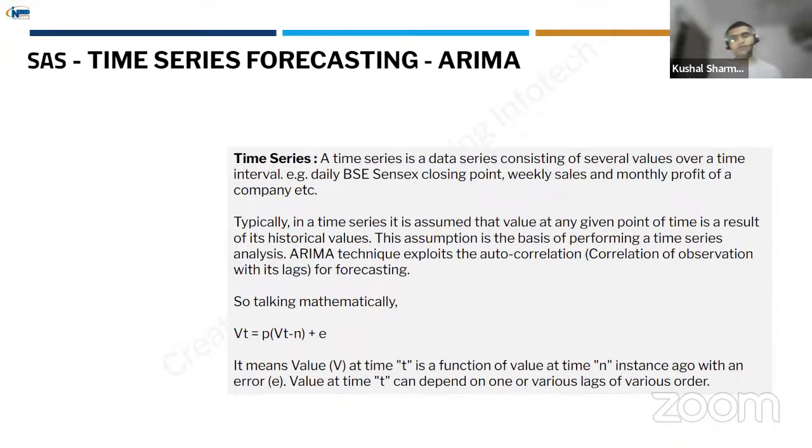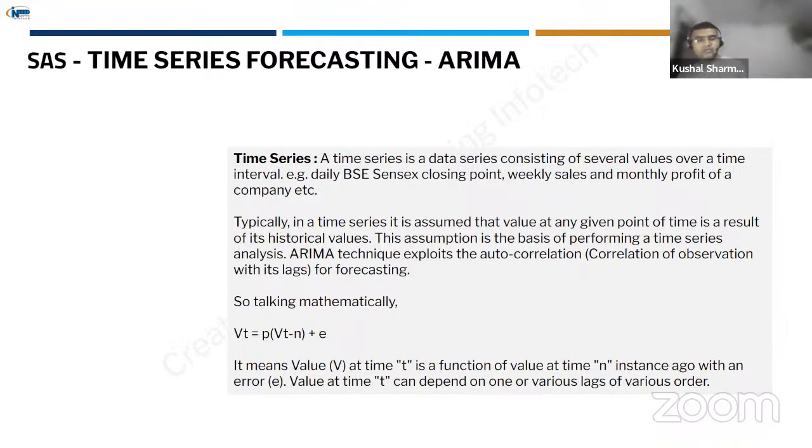So, for example, if the stock is 400 today, it is the resultant of some previous values. If the price of gold is, let's say, 80 something, it is a value which has come from the previous values. That is what basically is assumed.